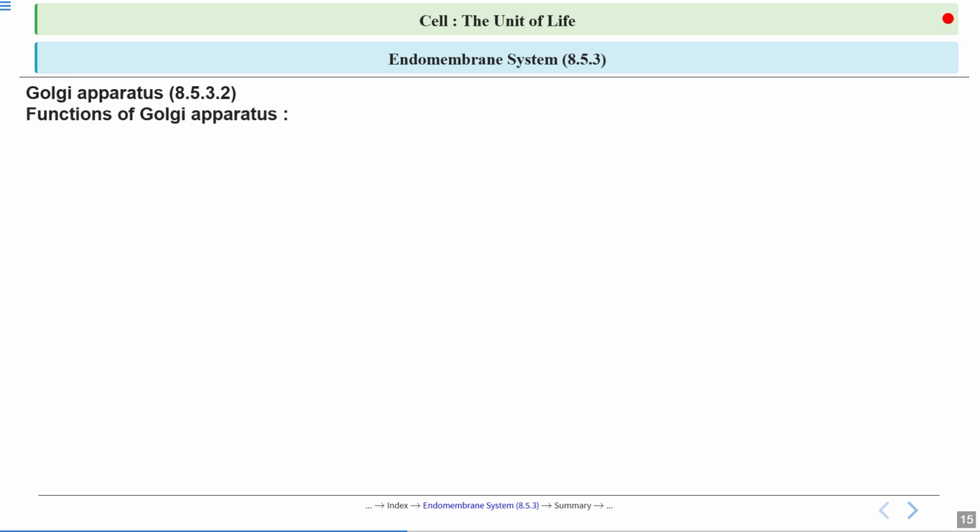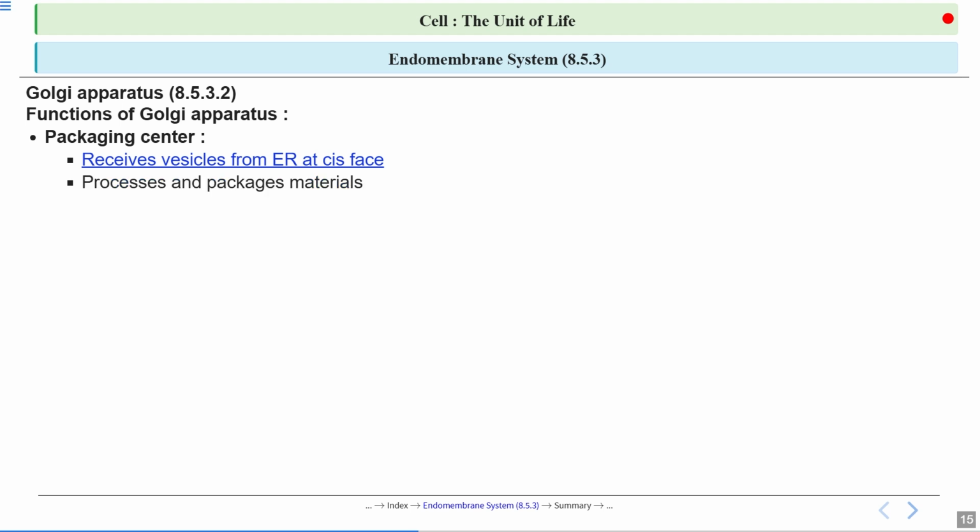Now, what are the functions of Golgi apparatus? Packaging center. So packaging of materials is occurring here. It receives vesicles from endoplasmic reticulum at the cis phase. We have discussed the Golgi apparatus has a cis phase and a trans phase, so the cis phase will receive the vesicles coming from the endoplasmic reticulum.